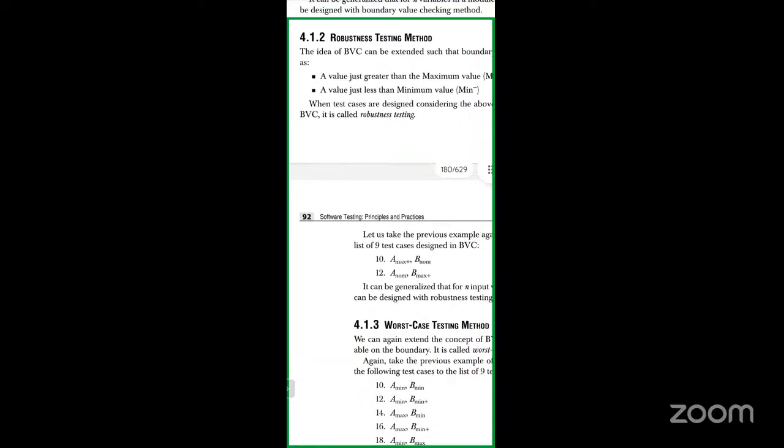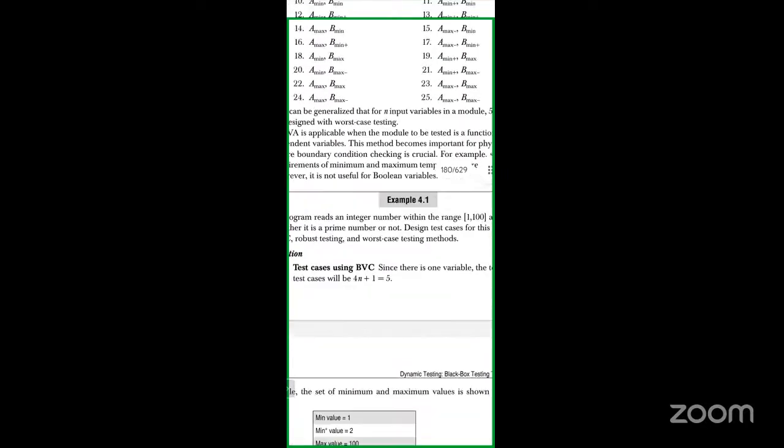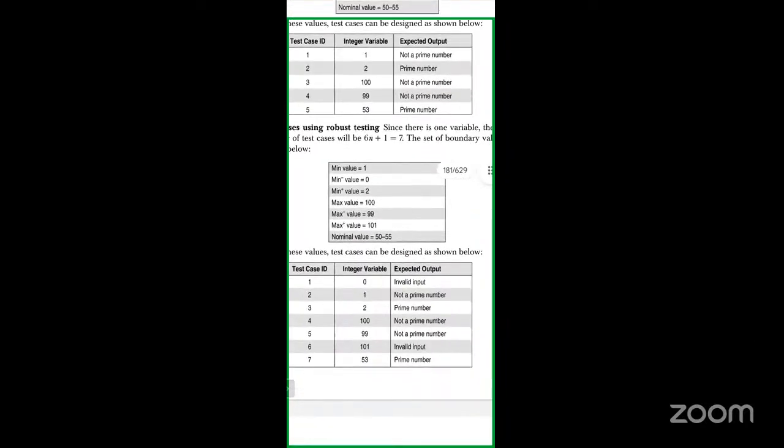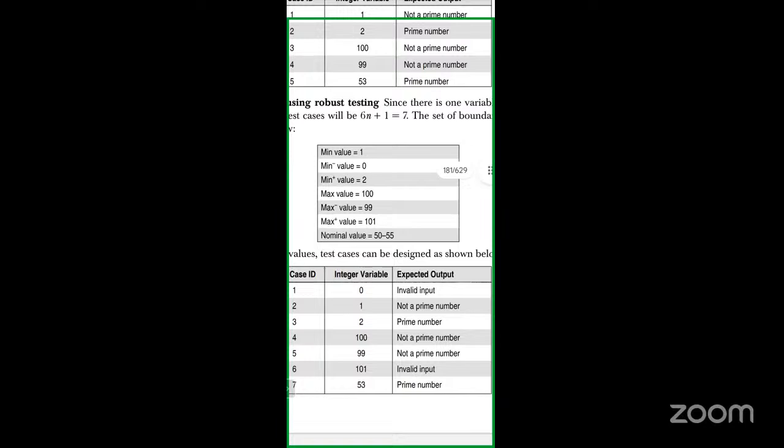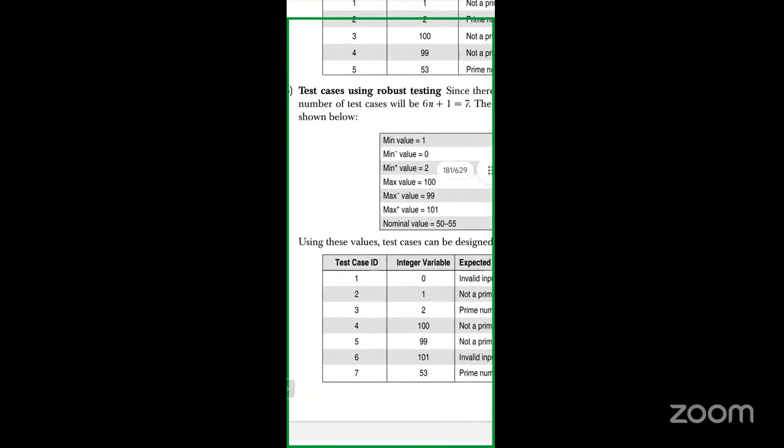That is the minimum value, minimum minus 1, minimum plus 1, max value, max minus 1, max plus 1, and then we go for the nominal value. That is there in robust testing. Completely we will be getting 7 test cases.